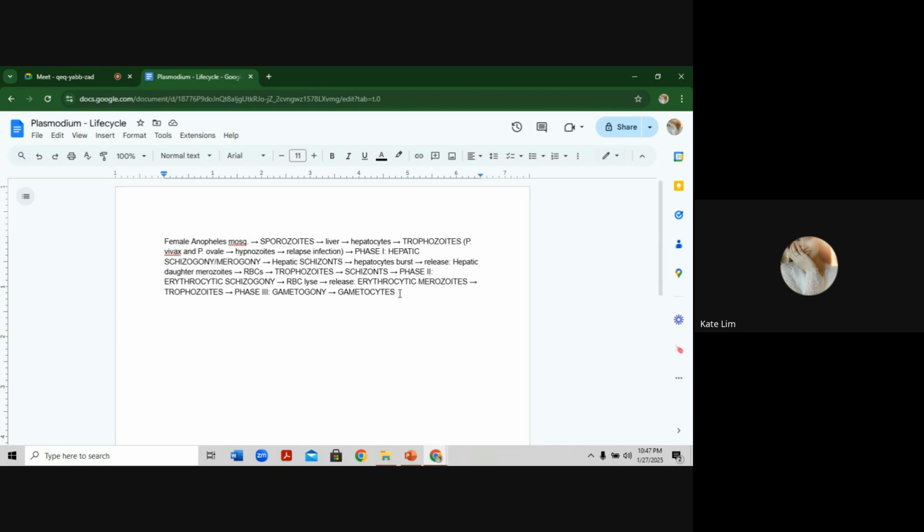So take note that humans who carry gametocytes are asymptomatic carriers, meaning they may not feel sick, but they can still infect mosquitoes. It is important to note that while these gametocytes are in the human bloodstream, they are not infecting the human host.